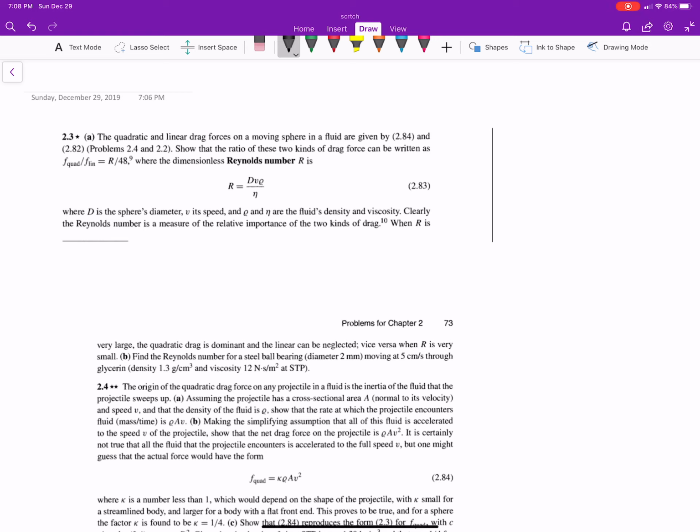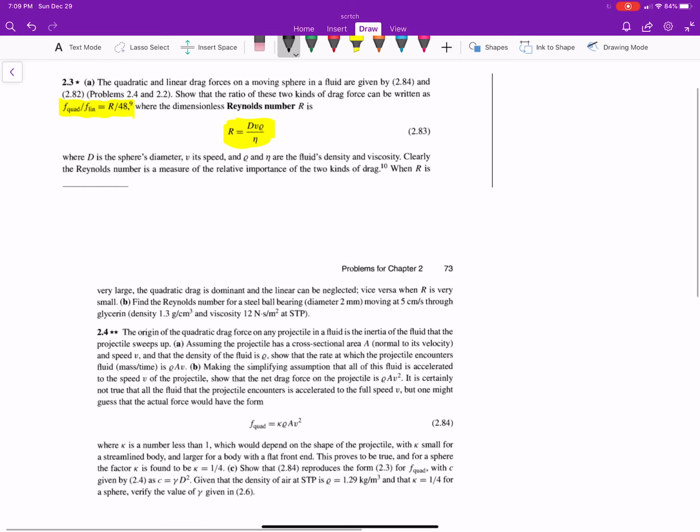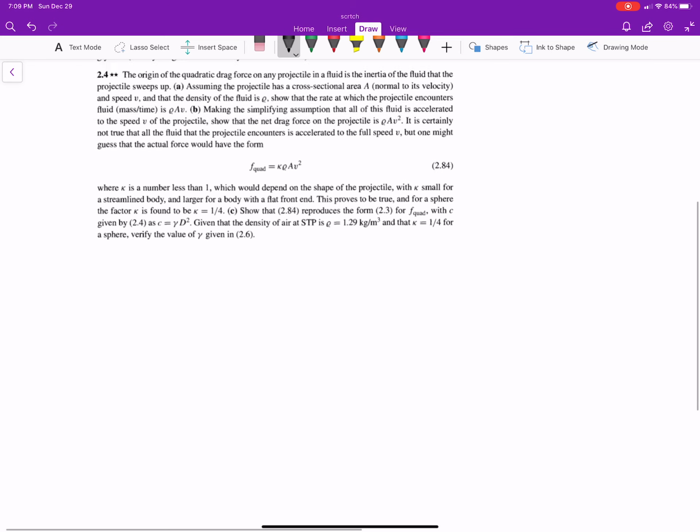And here it says R is D times V times, we have that little, let me highlight it here. And so basically we have to show that F quad over F ln is equal to this. And then for part B, we're going to use that because they give us some numbers to plug in. And don't worry about question 4 yet.